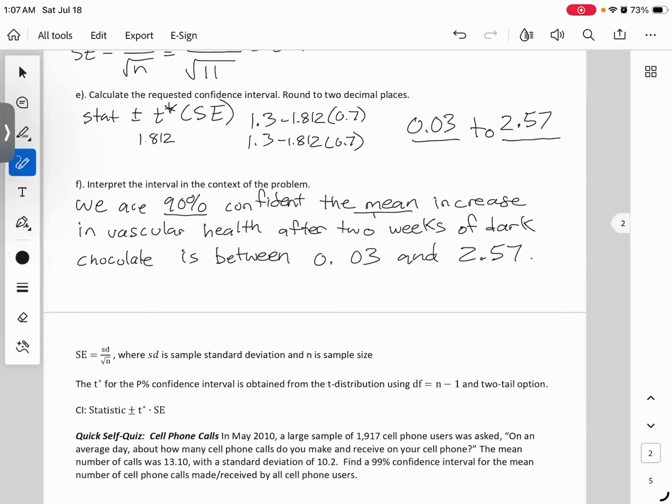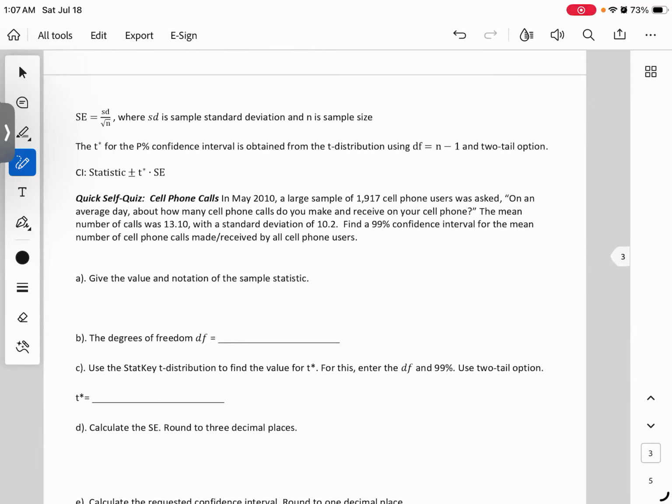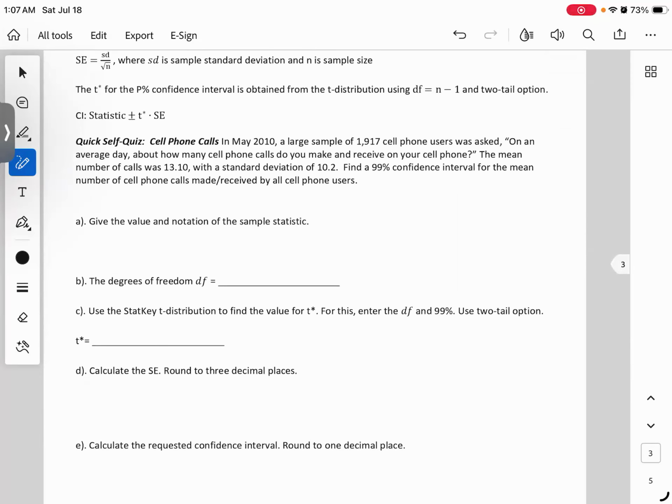The next example is meant to be just another super similar example to that one. But I'll leave this one for you to try on your own. If you want, just pause the video now and try it. Just use the one that we just did as a template.